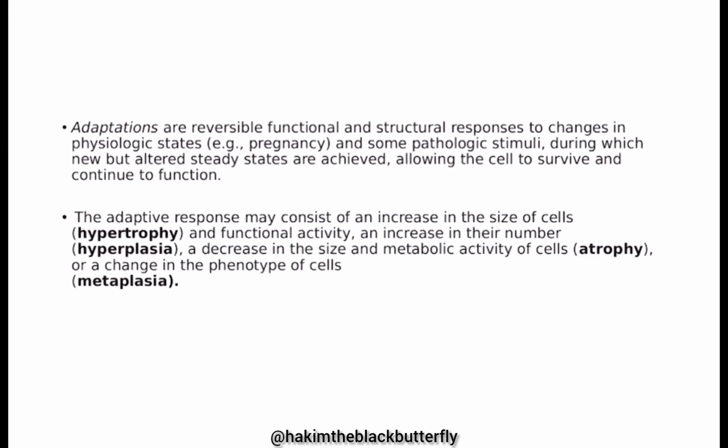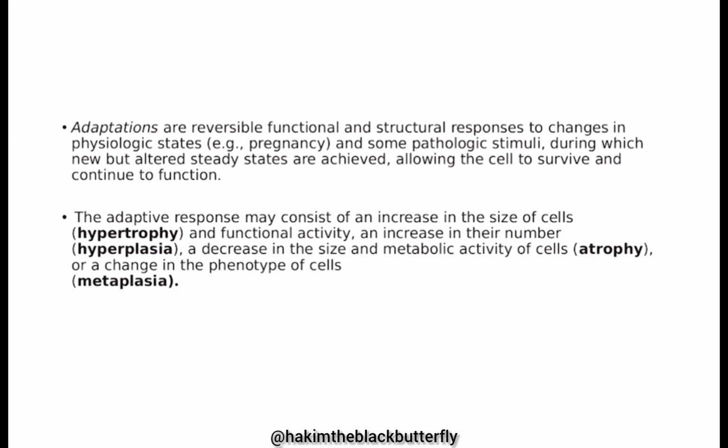Okay, let me give you an example to just guide you. Like in pregnancy, you have the cells of the breast glands increase in number. Your breast was small. When you get pregnant, it becomes big. That is cellular hyperplasia. That is physiological. Same applies to the uterus.